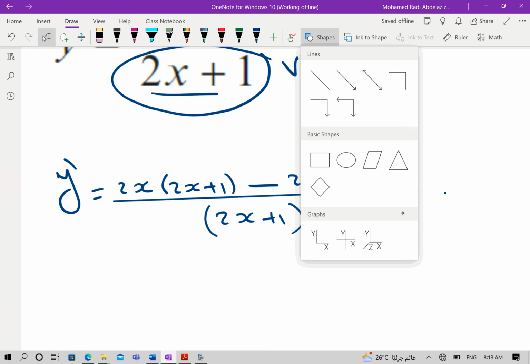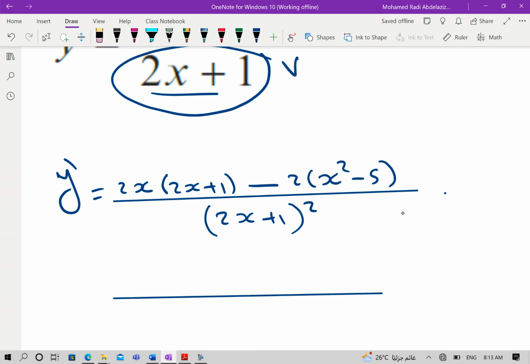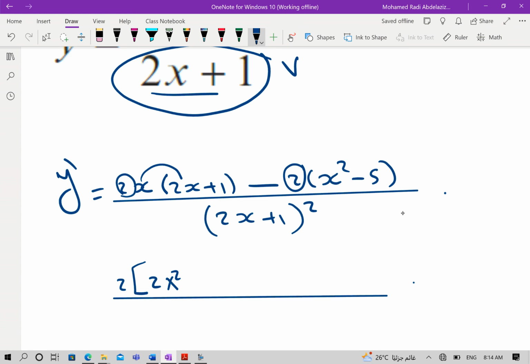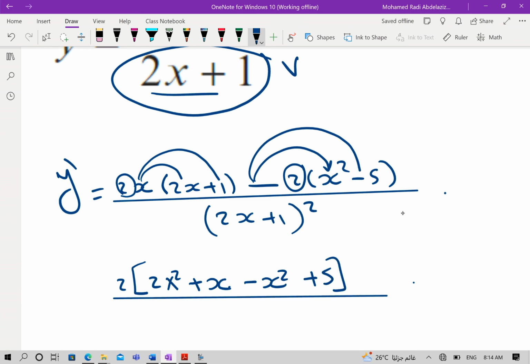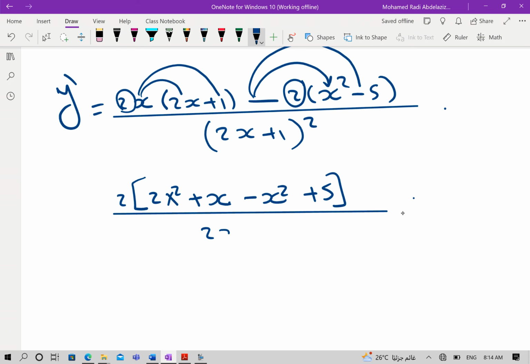Try to simplify. Is there any common factor? Yes, we can take 2 only. If you take 2 outside, x multiplied by 2 will be 2x squared, then x multiplied by 1 is x, then minus x squared, then plus 5, divided by 2x plus 1, the whole squared.